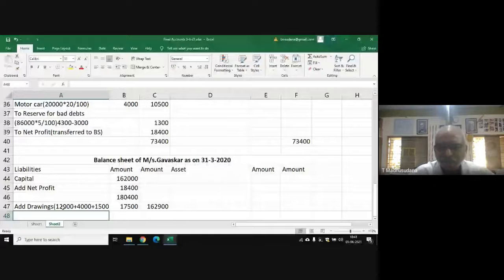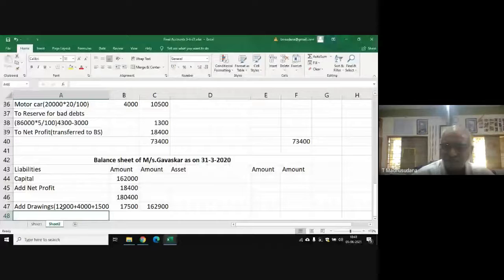Therefore, these three are considered drawings, and added together, total drawings are 17,500. If you deduct 17,500, you will get net capital of 1,62,900.